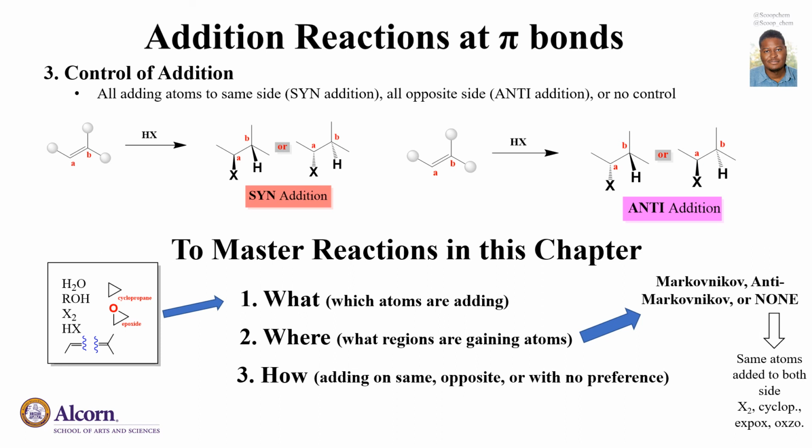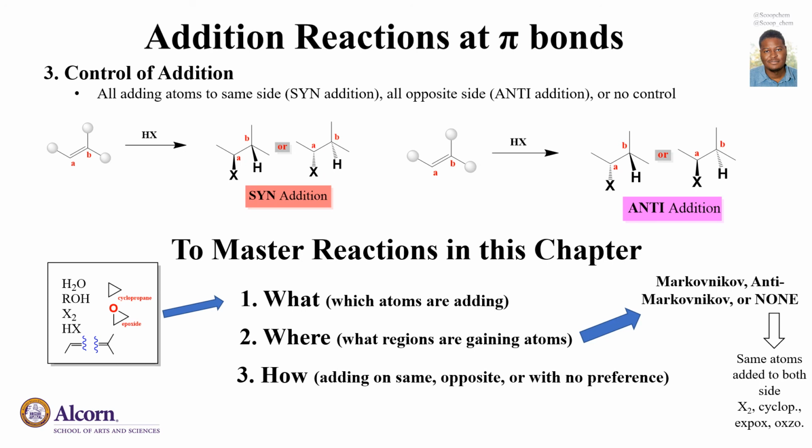Typically we don't concern ourselves with where if both atoms are getting the same thing. If I'm adding a halogen, both atoms are going to get a halogen. Or if I'm making a cyclopropane ring, both atoms are involved in that ring. Or an epoxide, both atoms make the epoxide. Or if I'm cleaving the double bond, both atoms are going to gain an oxygen from that cleavage. So I don't have to concern myself there.